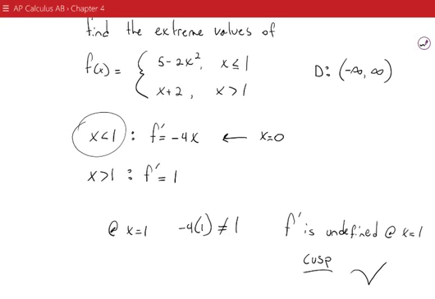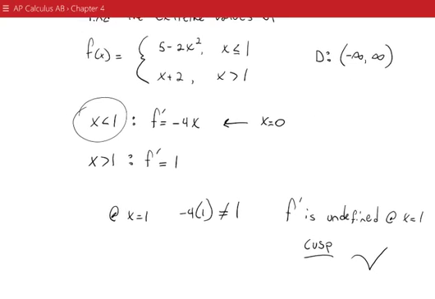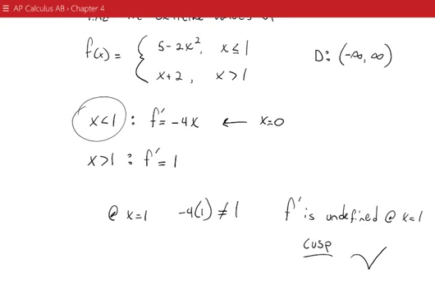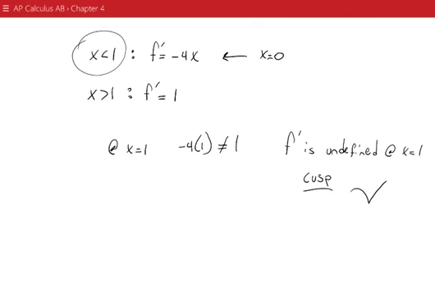The other function actually doesn't ever have a critical point. It's never equal to 0, and it's never undefined. So the critical points we're going to worry about are x equals 0 and x equals 1.